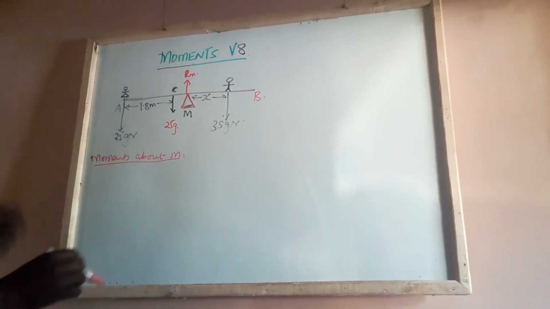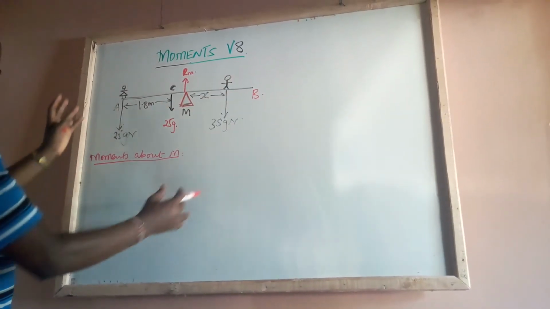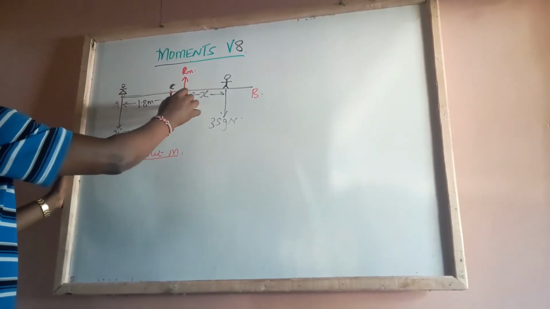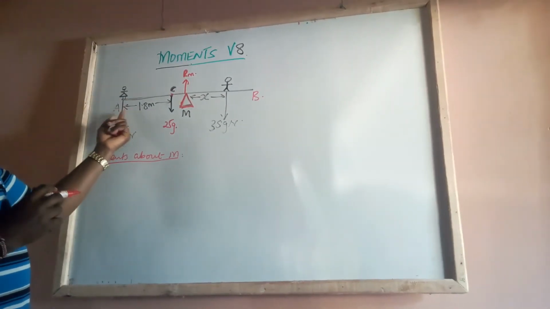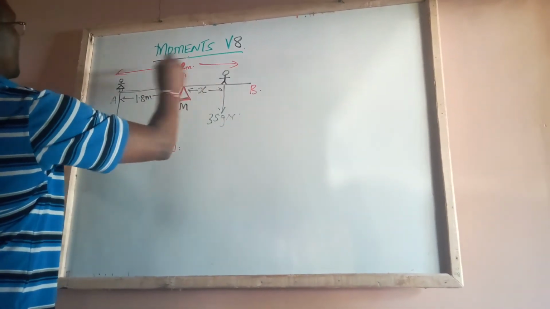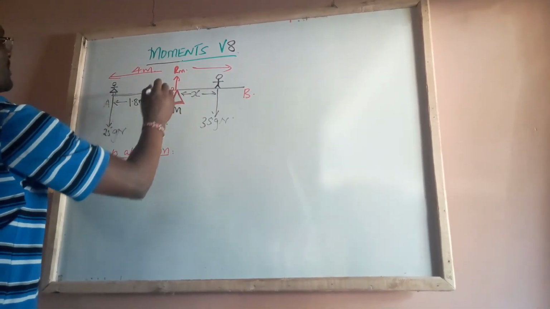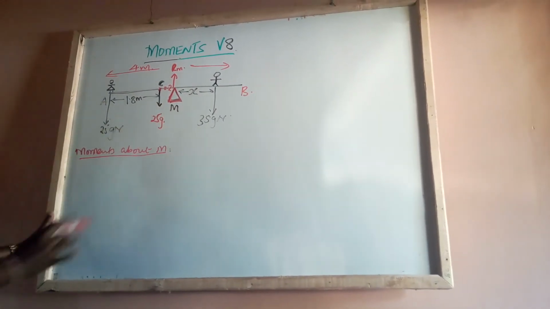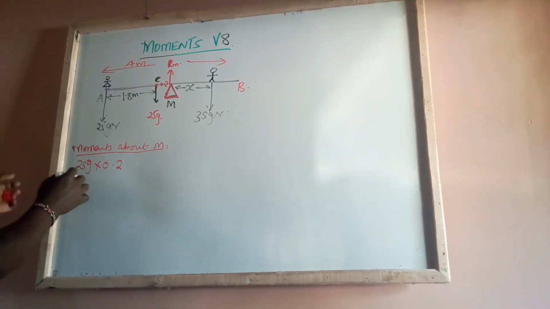Let's now see that the total anti-clockwise moment must balance with the total clockwise moment. You can already see where C is and where the fulcrum, our point of rotation, is. M is at the midpoint. If this is 1.8 and the whole rod is 4 meters, and this is 1.8, then this is 0.2 meters. The moment about M of the mass of the rod is 25g times 0.2, and that is anti-clockwise.